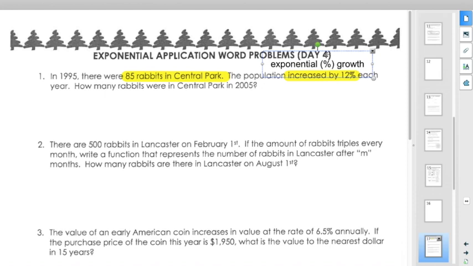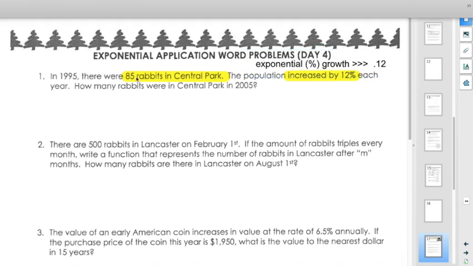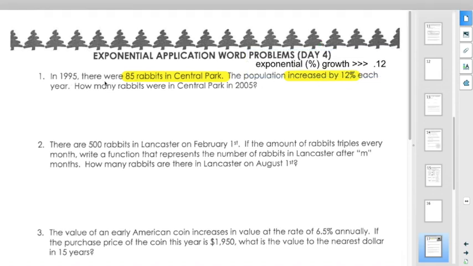It's a growth. And what is 12% as a decimal? Well, it's just 12 divided by 100. And if you do that with your calculator, you would see that 12% is 0.12. So it's an increase, a growth of 12%. Now, it says in 1995 there were 85 rabbits.